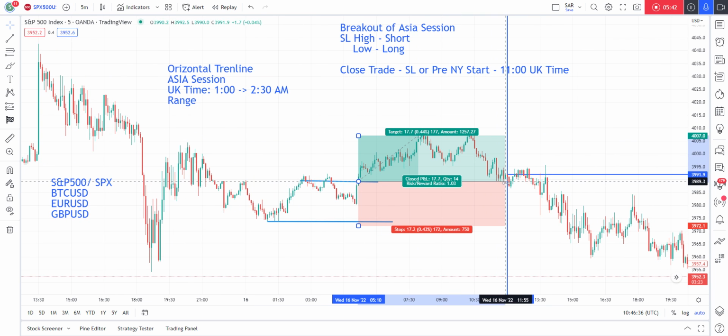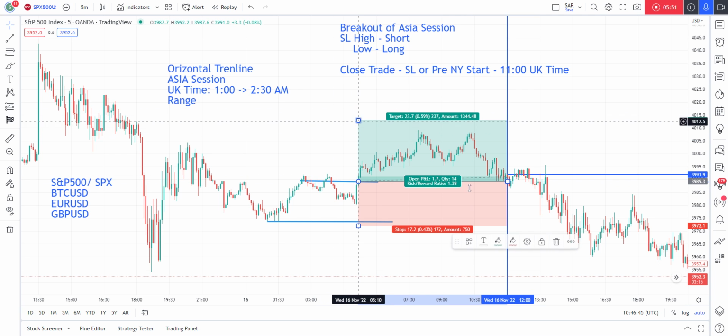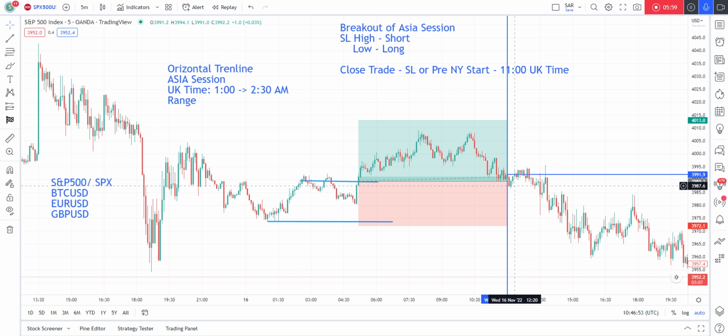So this is actually a break-even trade, because the point is to close it here. So in this trade, we break even.